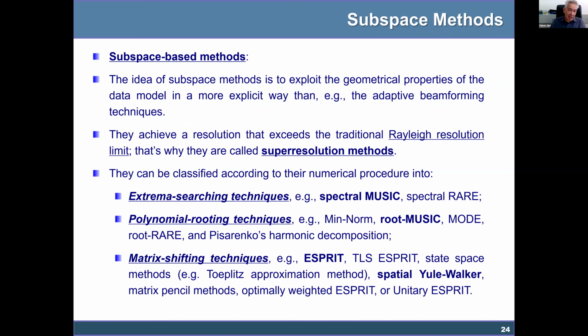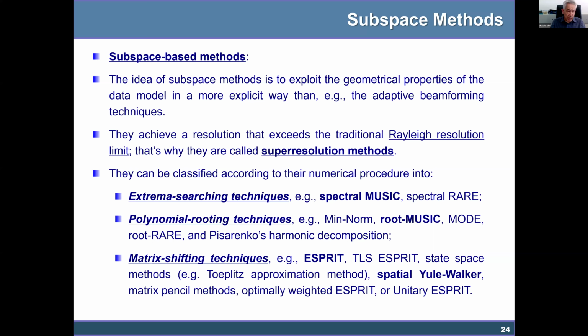Now, the idea in general of these subspace-based methods is to exploit the geometrical properties of the model of the correlation matrix, and to exploit the properties of the correlation matrix in an explicit way, differently from what you have seen with adaptive beamforming techniques.